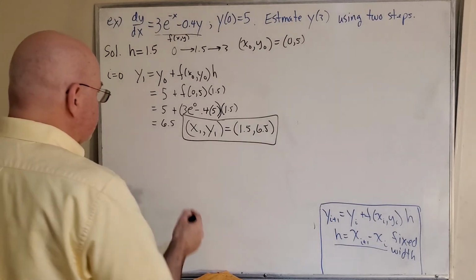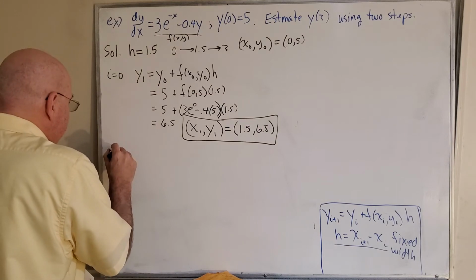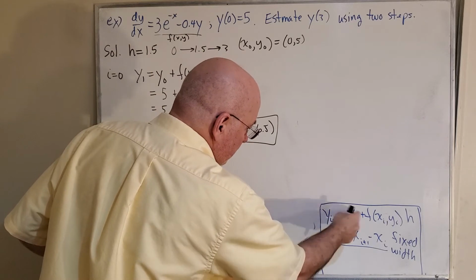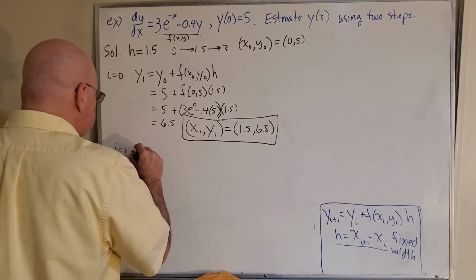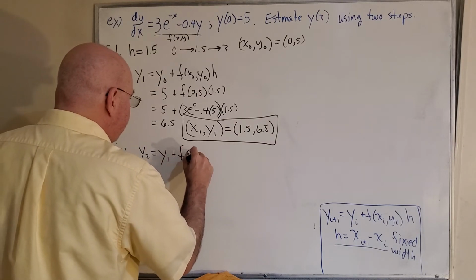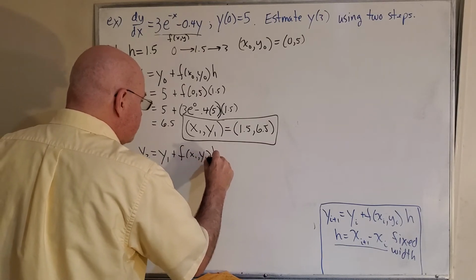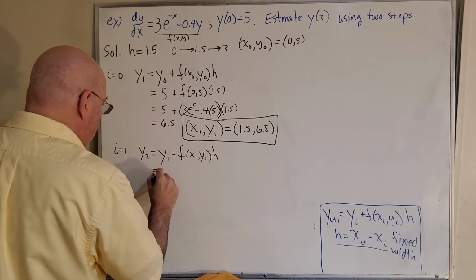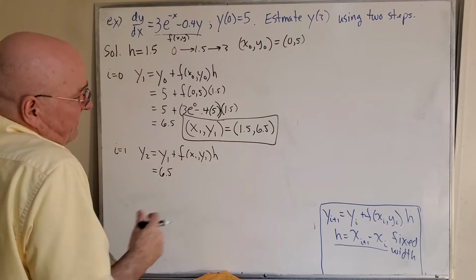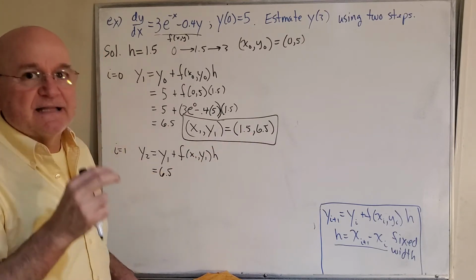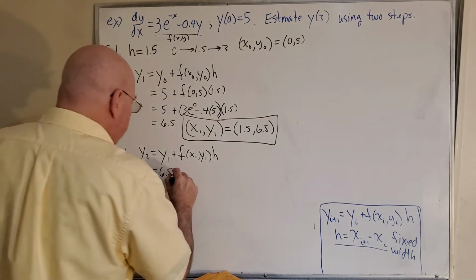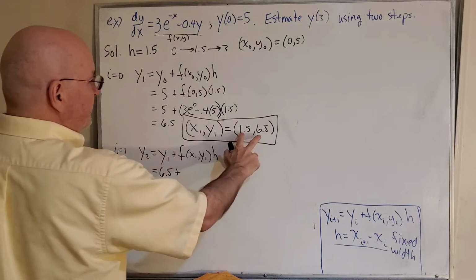Okay, so I'm going to squeeze it in here. Let's make i equal to 1. Because if i is equal to 1, we would get y2 equals y1 plus f of x1, y1 times h. That's equal to y1 is 6.5. And again, this 6.5 is not the exact value, it's just our estimate. Plus f of this.